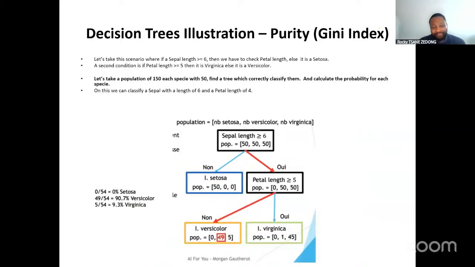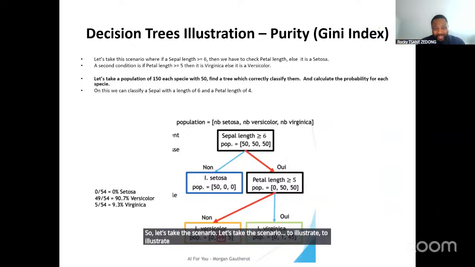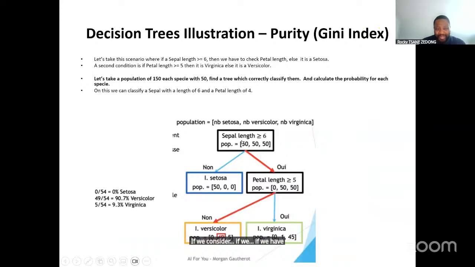Let's take a scenario to illustrate the decision tree. If we have a population of 150, with 50 of each species: 50 setosa, 50 versicolor, 50 virginica.